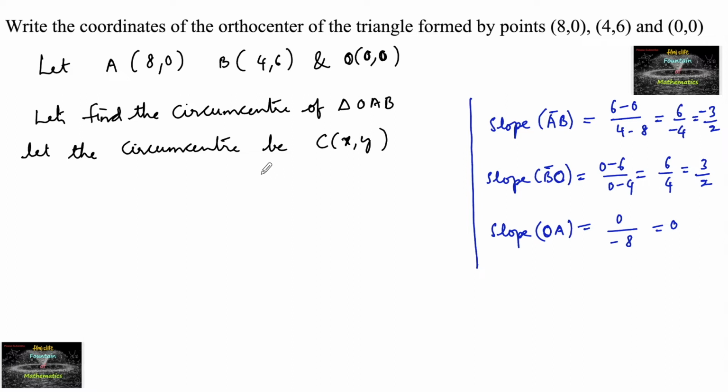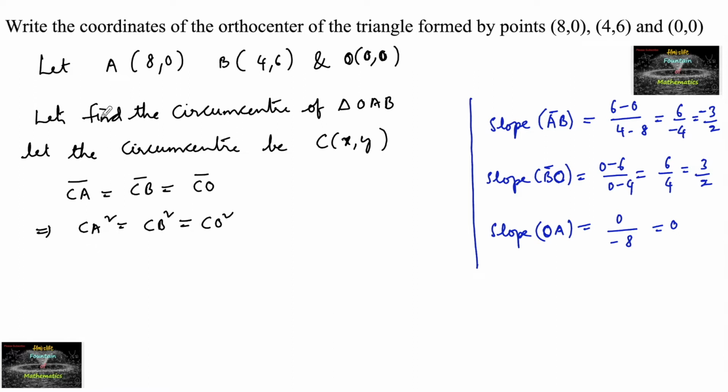since we know that circumcenter is equidistant to all the vertices, CA is equal to CB is equal to CO. The distance must be equal, which implies that CA square is equal to CB square is equal to CO square. I'm squaring.